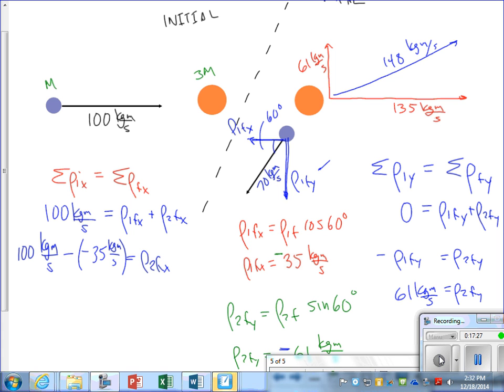So what I want to show you is that there are instances in which, using trig, we can calculate components, and have to calculate components, of momenta. But why do we do that? So we can complete our summations of momentum in each of two perpendicular directions. Okay, that's it. Bye.